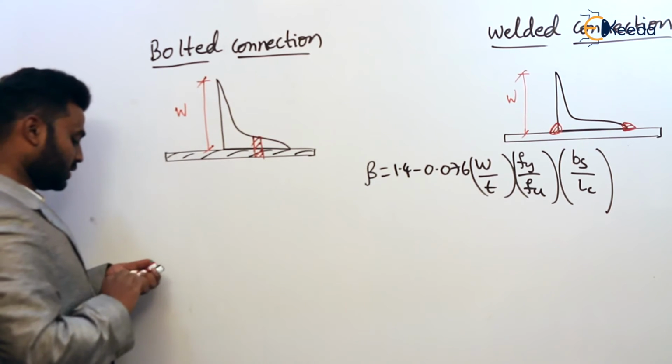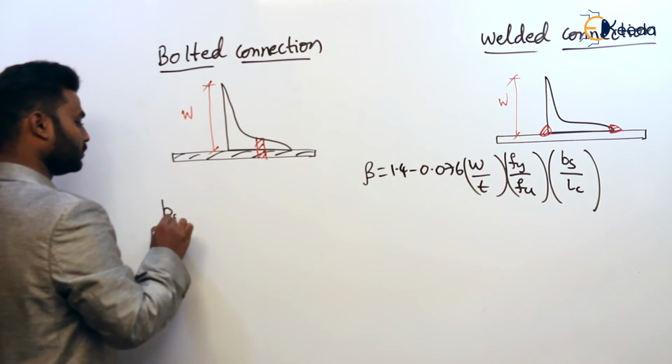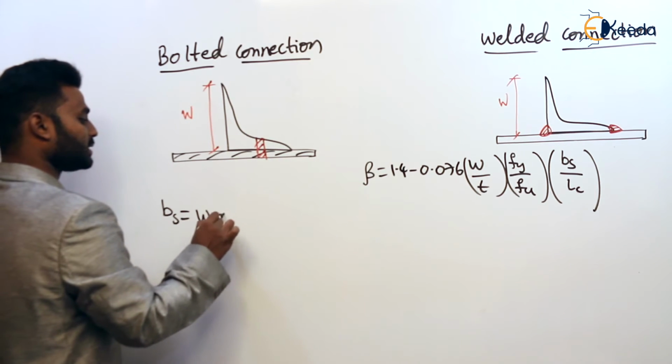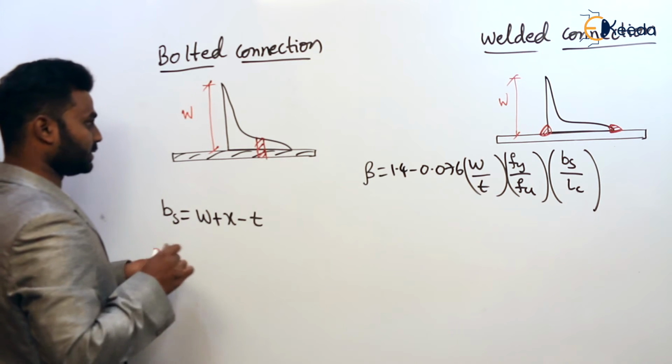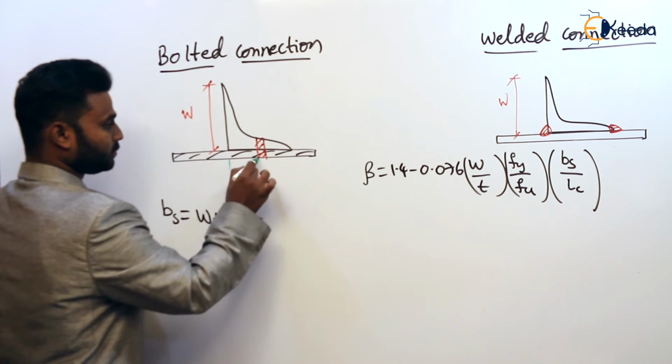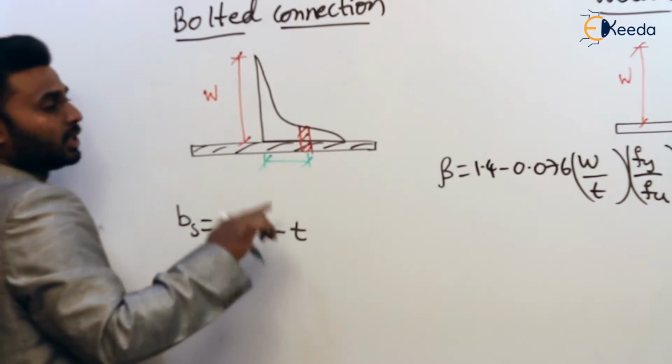Now coming to Bs. In this case, Bs is equal to W plus X minus T. X is this.